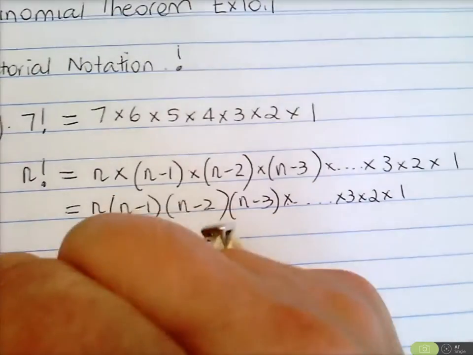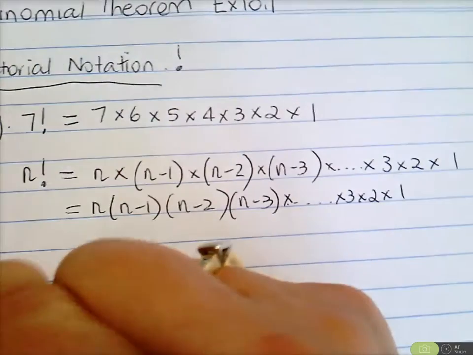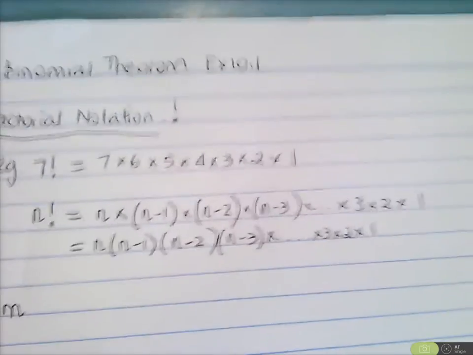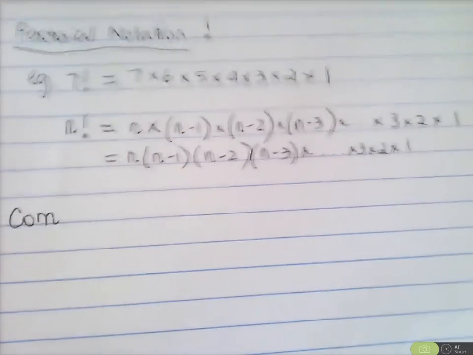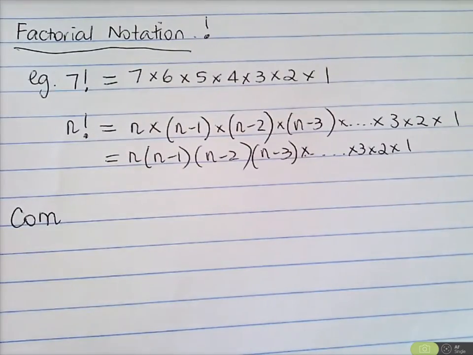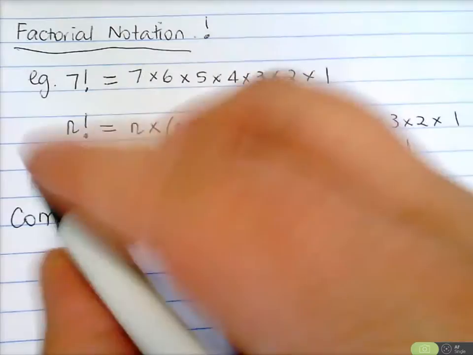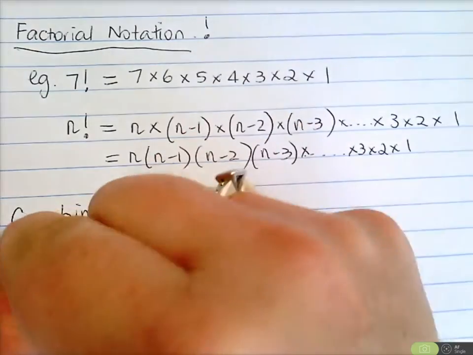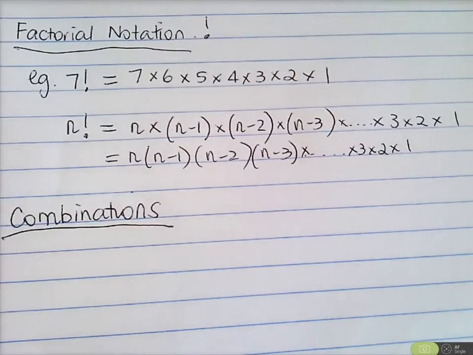Now, combinations. In year 11, we also looked at combinations, and we looked at permutations, but we're not going to look at permutations here. Combinations is with the C. If you remember from perms and coms, combinations means the order doesn't matter.